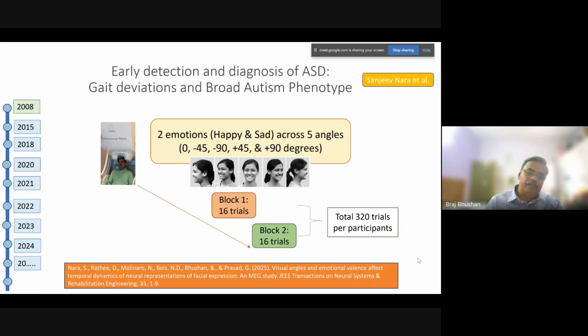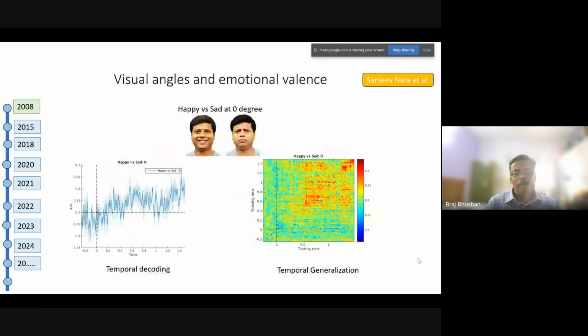And here, our idea was to look at the MEG outcomes, analyze them to find out how the positive and the negative emotions are processed, not only in terms of the behavioral accuracy, because the earlier study was purely based on subjective responses, looking at the behavioral accuracy. This time we were looking at how the temporal decoding takes place of the positive and the negative emotions.